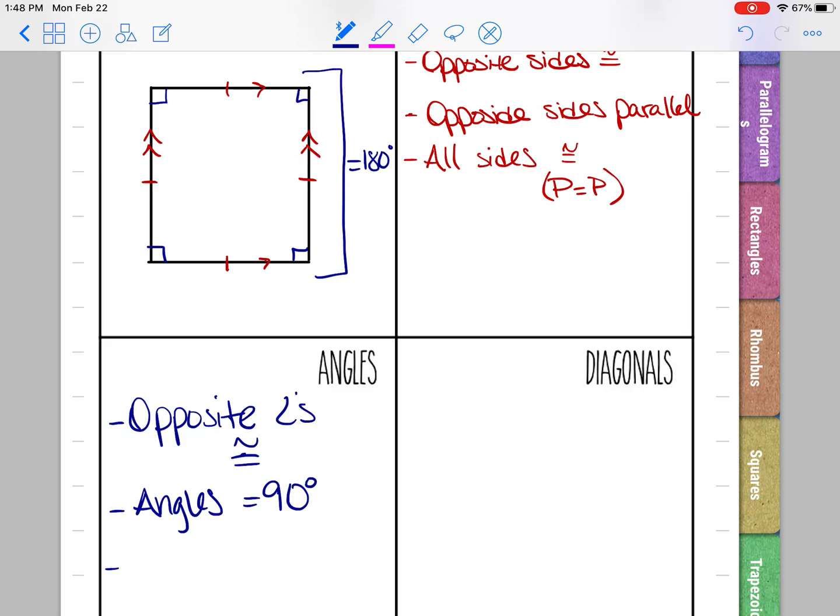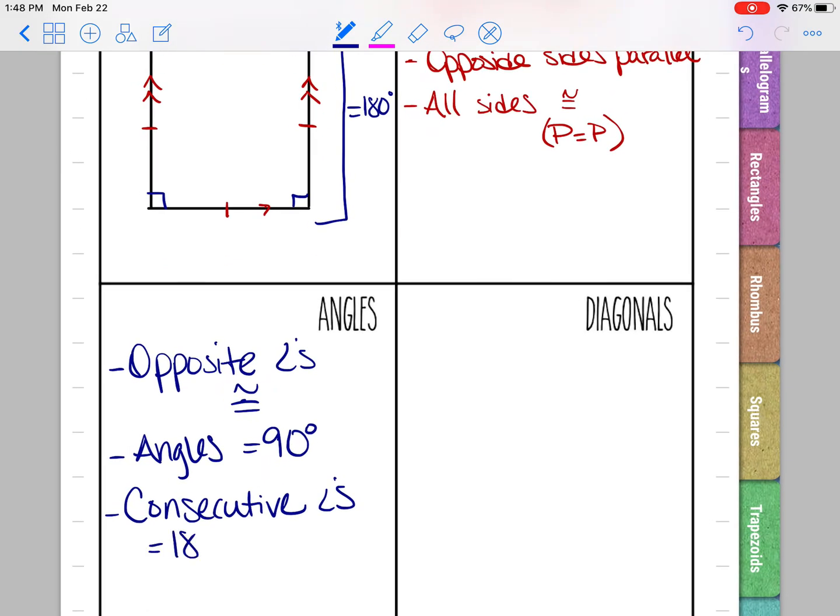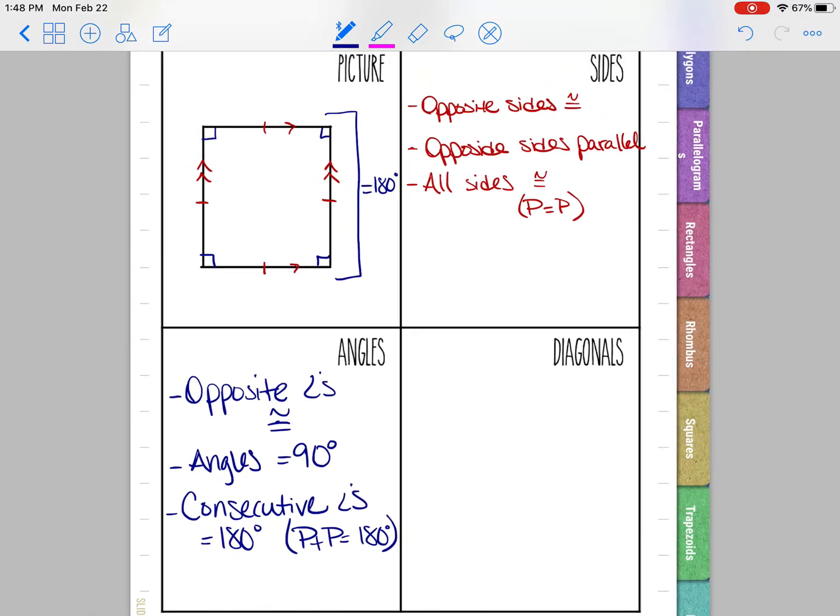And we know that the consecutives add up to 180. And again, part plus part equals 180. Okay, so that's 6 of our 10 characteristics, which means we have 4 left to talk about with the diagonals.